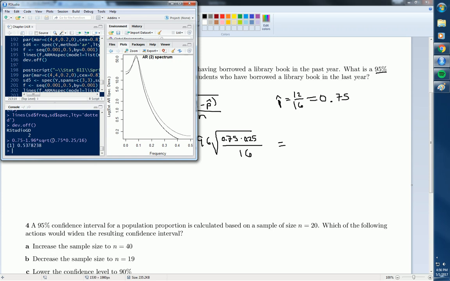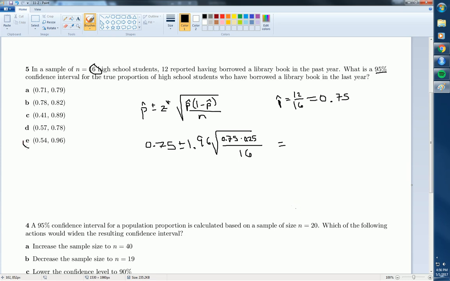And I get 0.54 on the low side and 0.96 on the high side. Thus the correct answer is E.